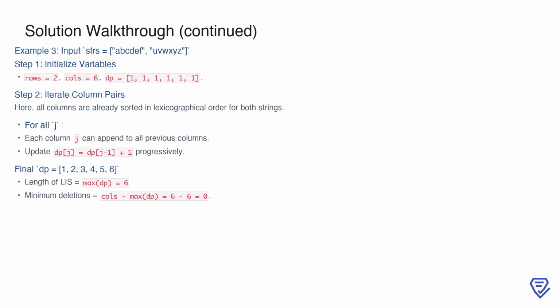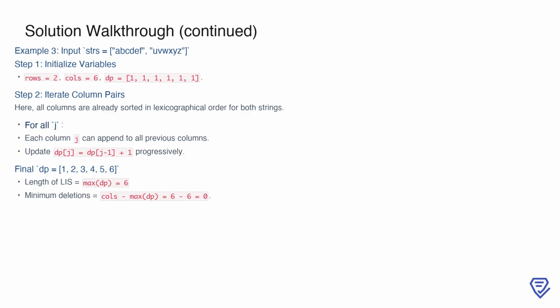In the third example, we consider the input strs equals ["abcdef", "uvwxyz"]. Here, rows equals 2 and cols equals 6, and the dp array is initialized as [1, 1, 1, 1, 1, 1]. In this case, all columns are already sorted in lexicographical order for both strings.